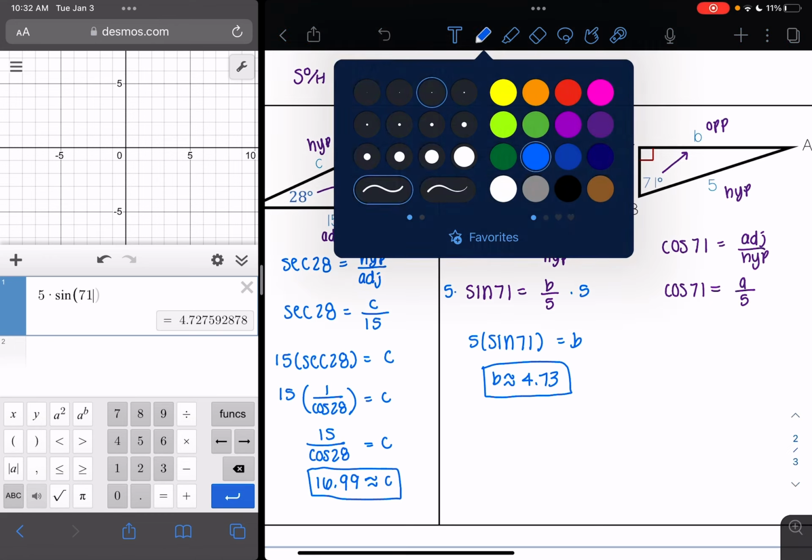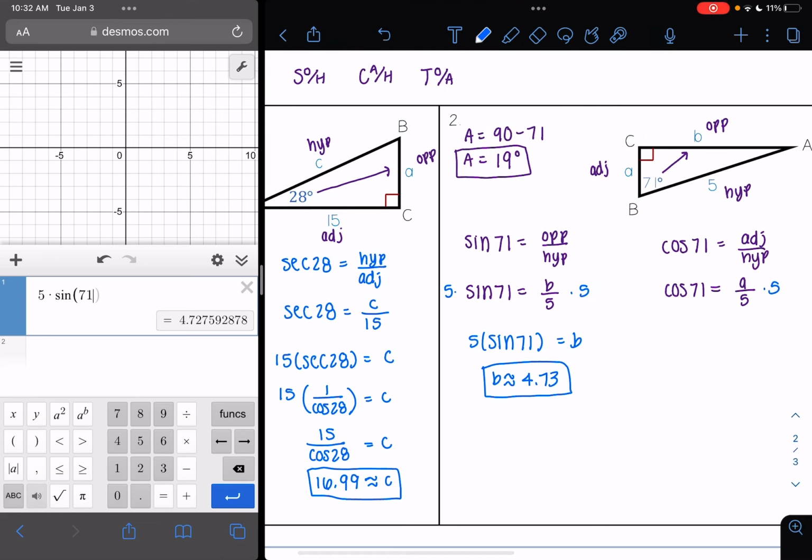So multiplying by 5 on both sides, I get 5 times cosine of 71 is equal to A. And so putting that into my calculator, I have 5 times cosine of 71, and I get that A is approximately 1.63.